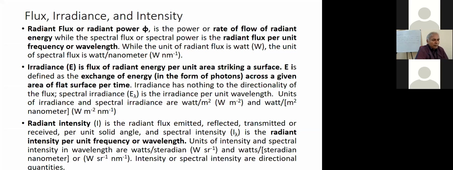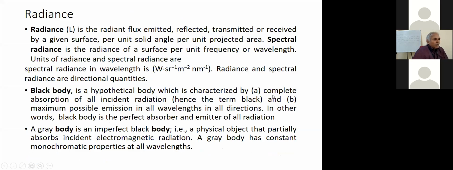The next slide. This is another very important concept called radiance, and like the radiant intensity, the radiance is also a quantity which depends on the directionality. So obviously the per unit solid angle will come into play. The radiance is the radiant flux emitted, reflected, transmitted or received by a given surface per unit solid angle per unit projected area.